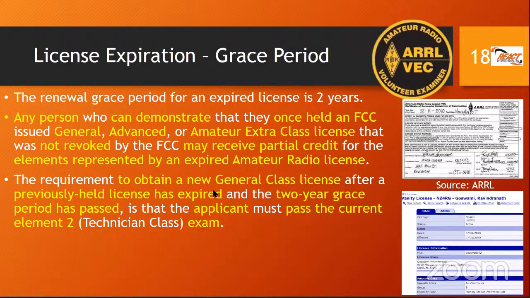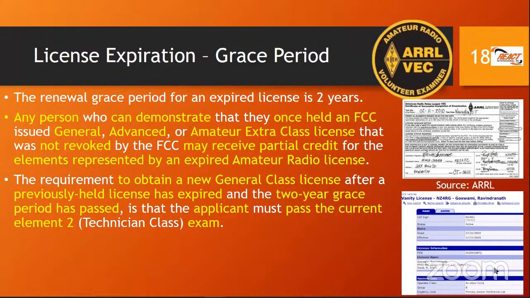And the next point is, all you have to do is pass the current element 2, what is called the technician class exam. Remember, there's element 2, element 3, and element 4. Well, element 2 is also called the technician class exam. So that's just good to know. I hope you never have to use that knowledge practically, but it is part of your exam and you need to know it.